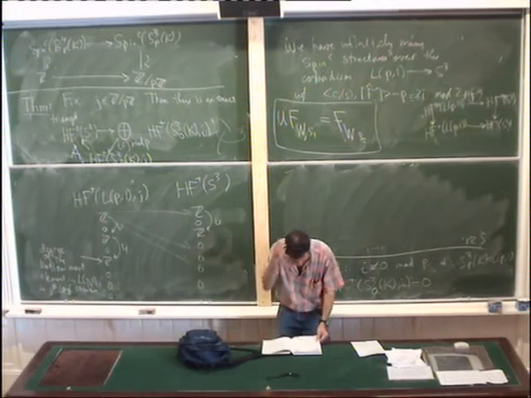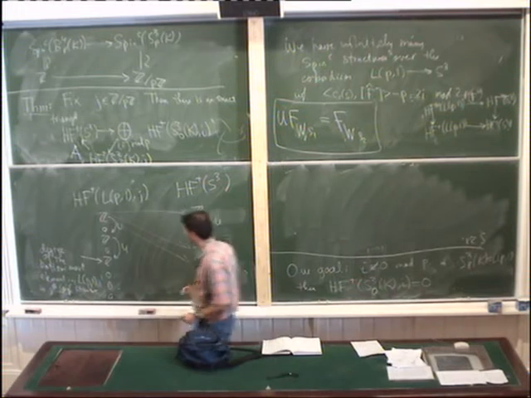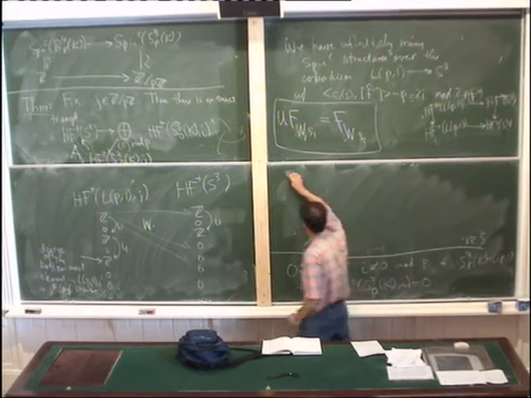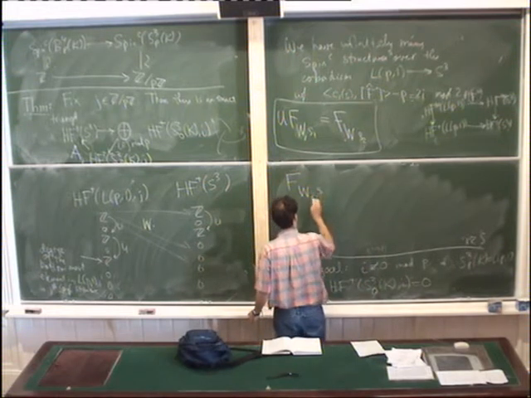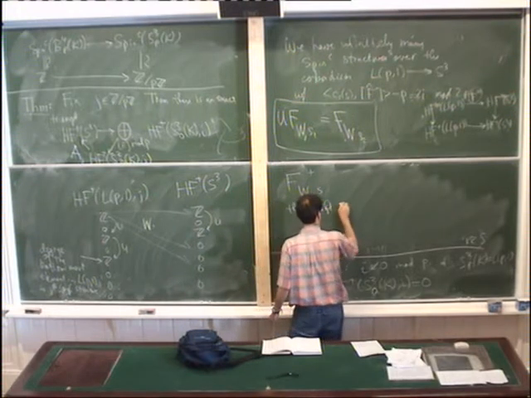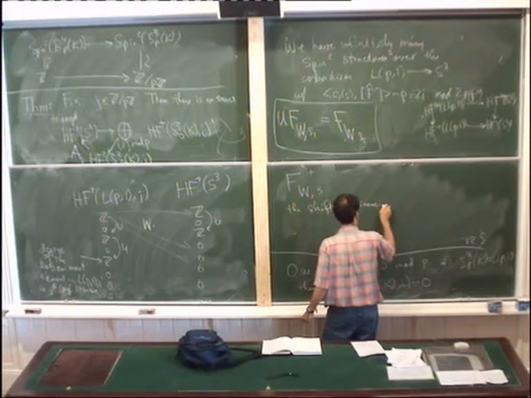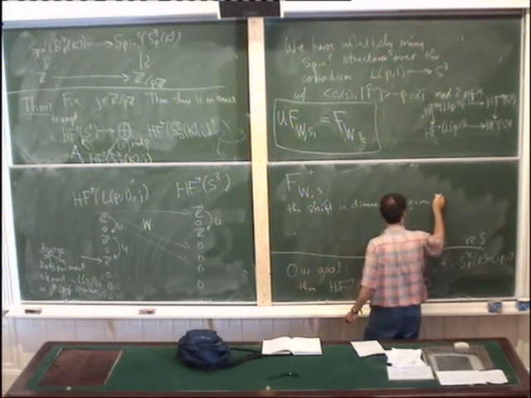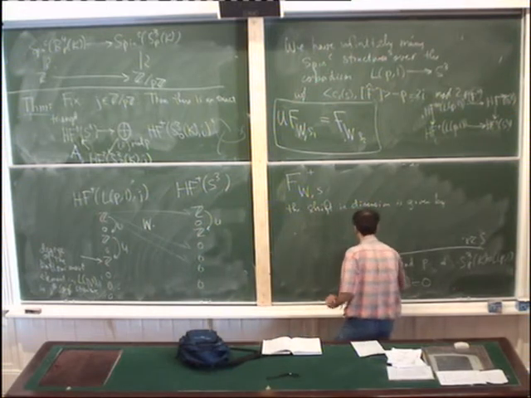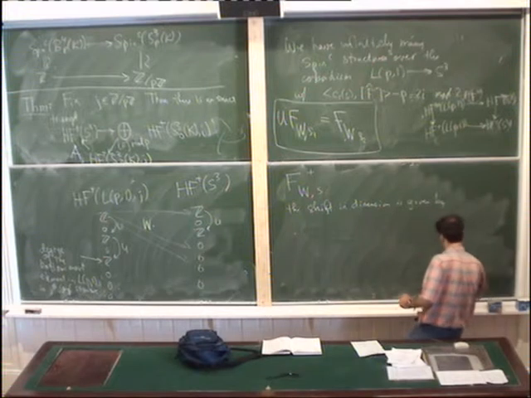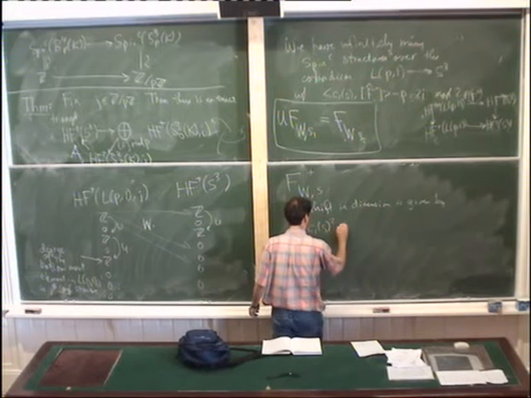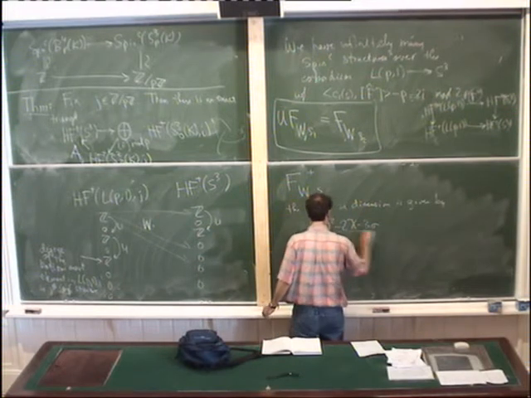So let's do a little calculation. We've got our cobordism W here. What is the shift in dimension? If I fix a spin C structure on W, the shift in dimension is given by C1 of S squared minus 2 chi minus 3 sigma over 4.